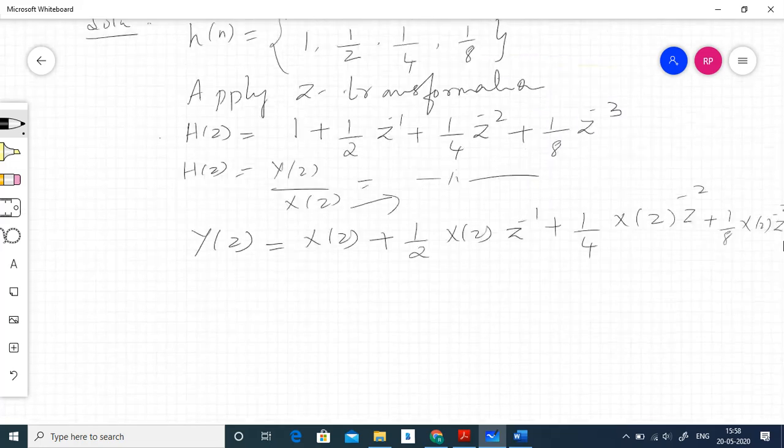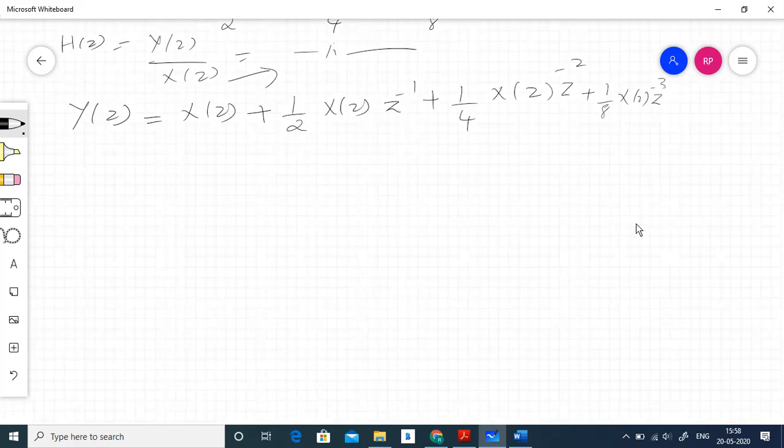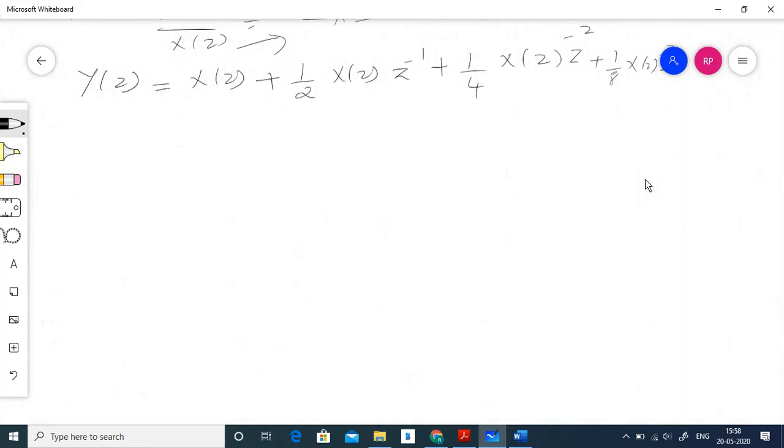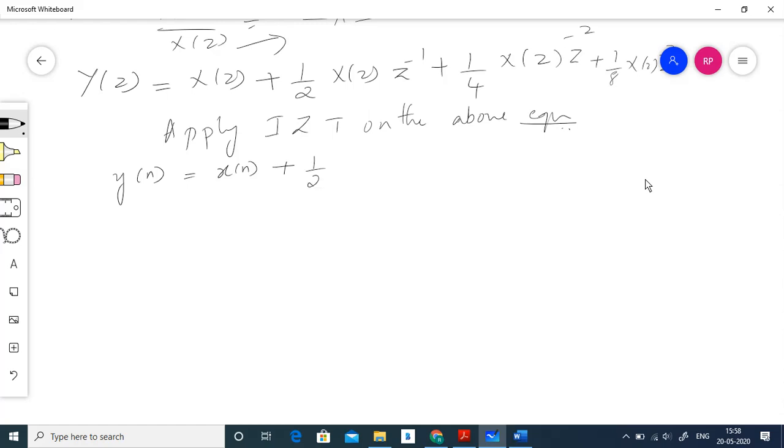Upon applying inverse Z transformation on the above equation, we get: inverse Z transformation of y of z is y of n, that is equal to inverse Z transformation of x of z, which is x of n, plus 1 by 2 times inverse Z transformation of x of z, z power minus 1, which is x of n minus 1, plus 1 by 4 times inverse Z transformation of this, which gives you x of n minus 2, plus inverse Z transformation of 1 by 8 x of z, z power minus 3, which is 1 by 8 times x of n minus 3.